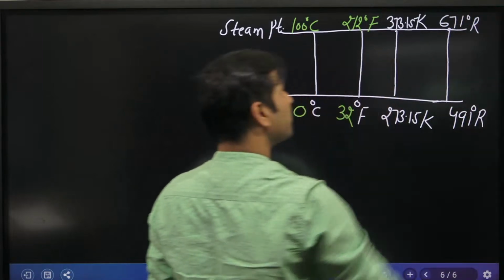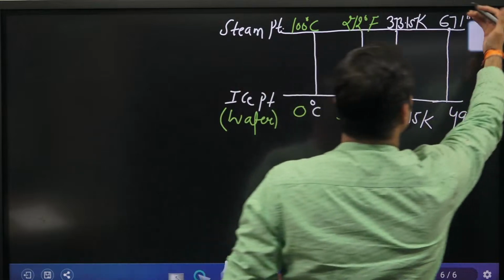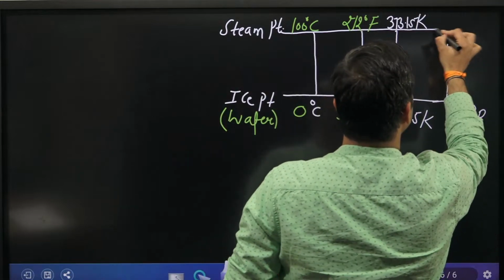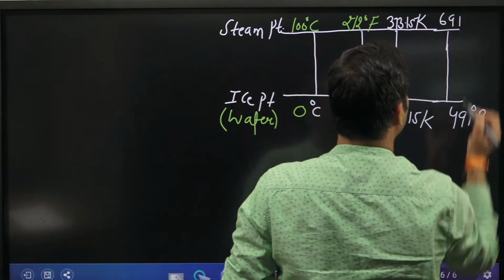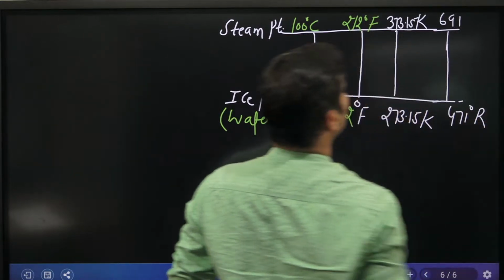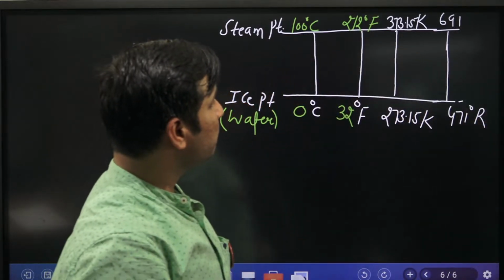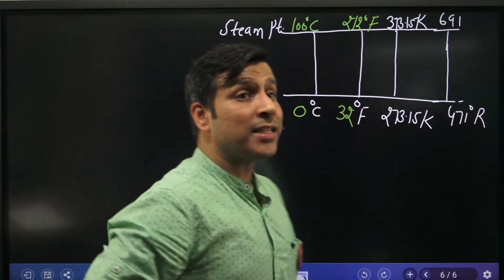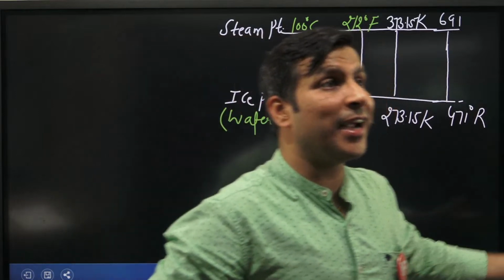You can check. Okay, let me change this. This will be 691, guys. And this is actually close to 471, I think. Just check this value and tell me whether I'm writing right or wrong.